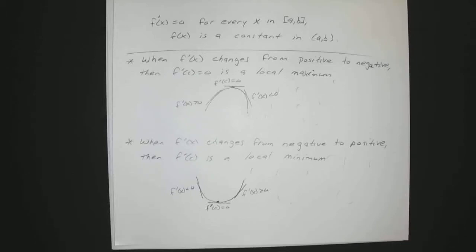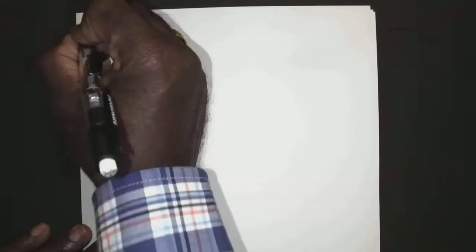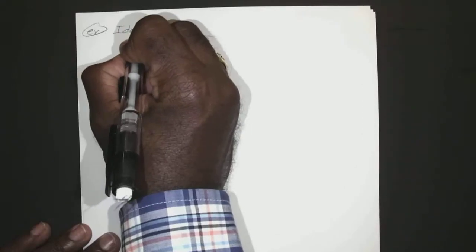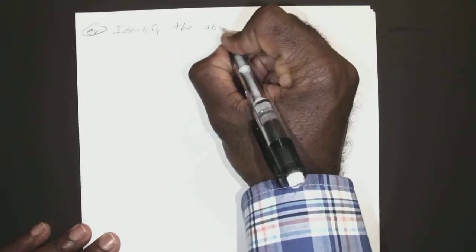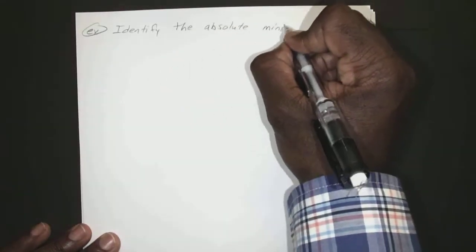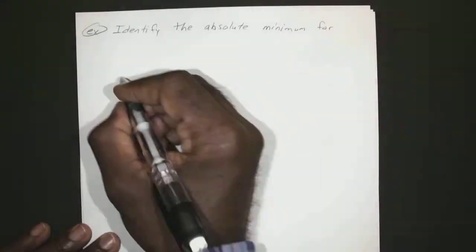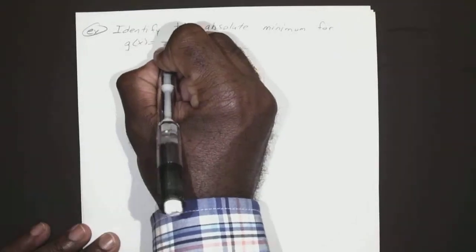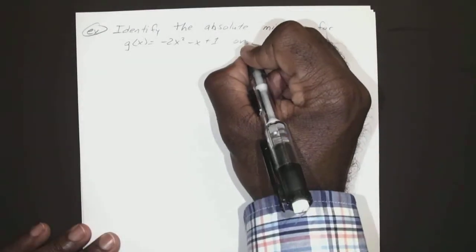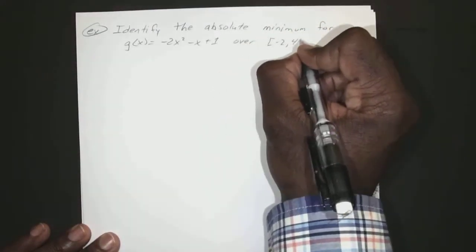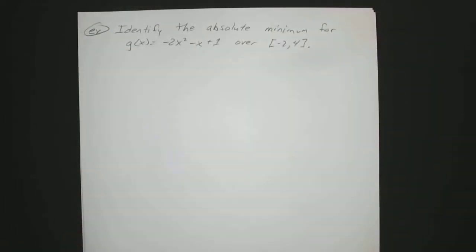Okay, so let's do one quick example. What if we wanted to identify the absolute minimum for g of x equals negative 2x squared minus x plus 1 over negative 2 to 4, or over the interval.